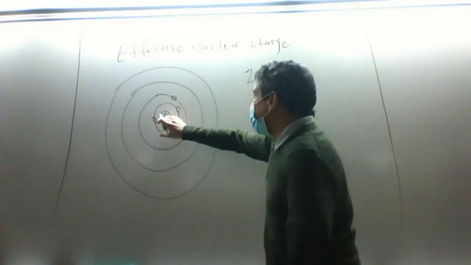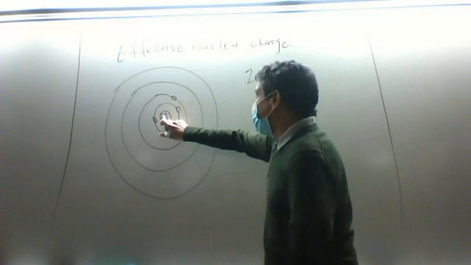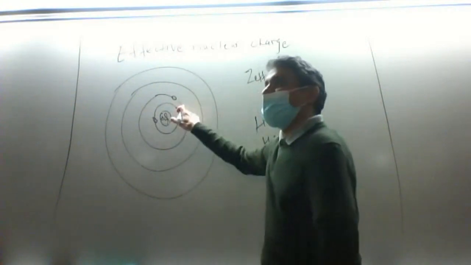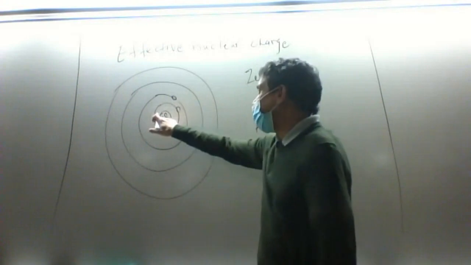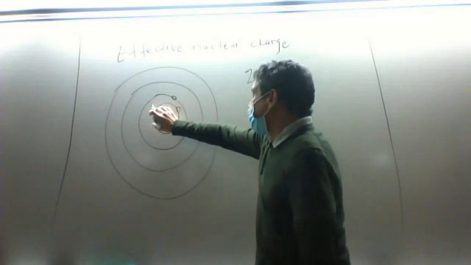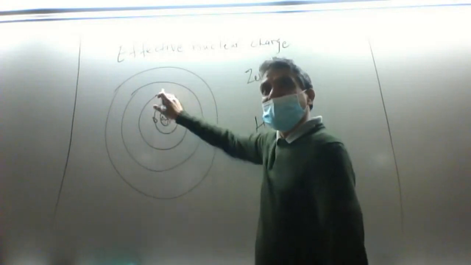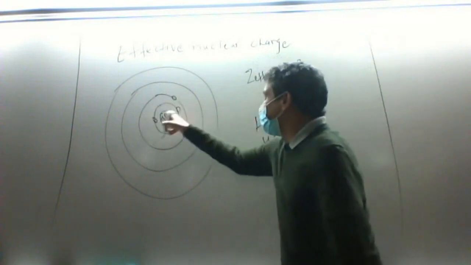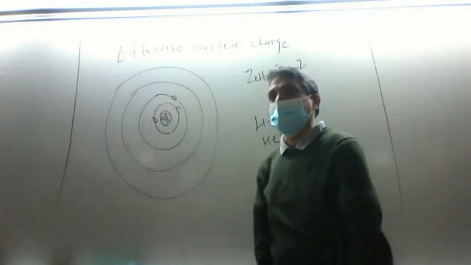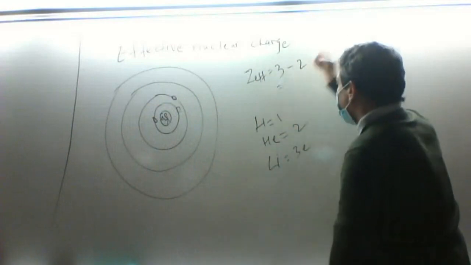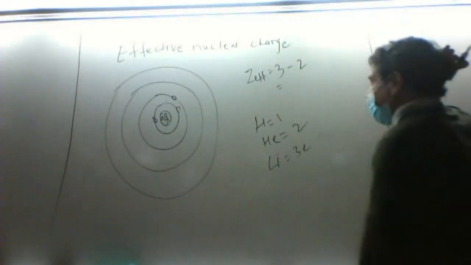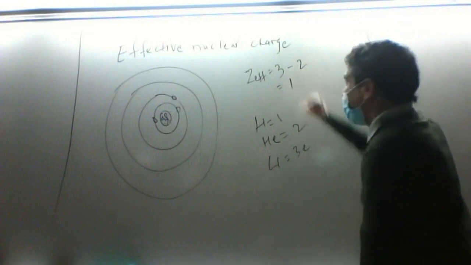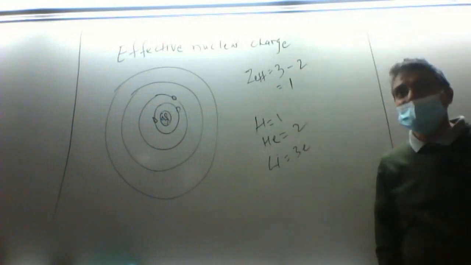Some of the force of these protons is diluted by these 2 electrons. So this and this electron dilute the force of these protons to this electron. So we need to put these 2 electrons. These are the diluting guys. They dilute the force. So Z effective for lithium is 1, right?